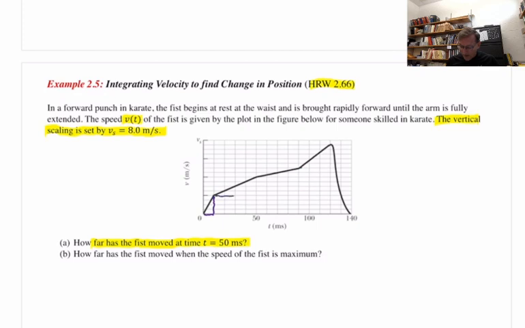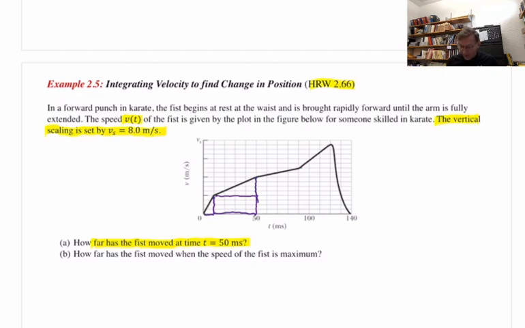And then between 10 and 50 milliseconds, there's another shape that's just a rectangle, and sitting on top of that rectangle is a triangle. Okay? And that's all the area between 0 and 50 milliseconds. So it's those areas I have to find. There are 3 of them, 3 separate shapes, and I have to find their areas and add them all up.